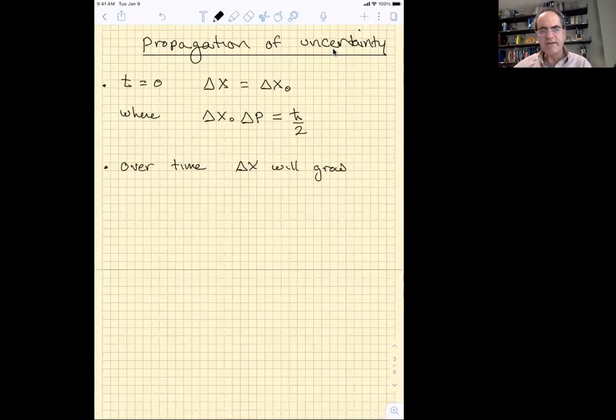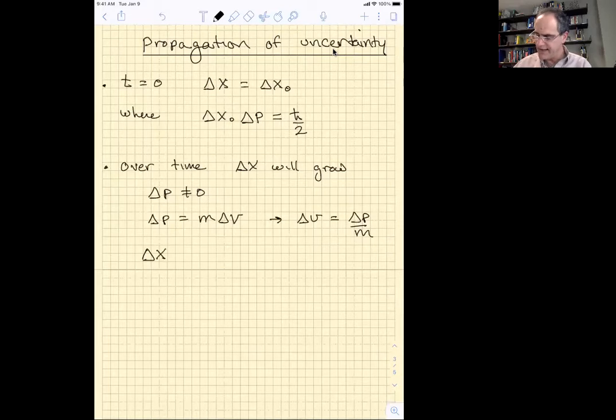And that's because there's another source of position uncertainty. Since delta p is not equal to 0, and since delta p can be written as m times delta v, the uncertainty in velocity, where here I've used a non-relativistic formula, of course, there's another source of position uncertainty.